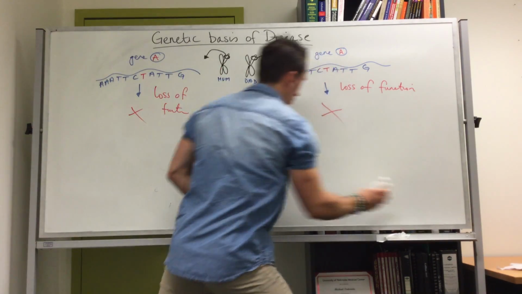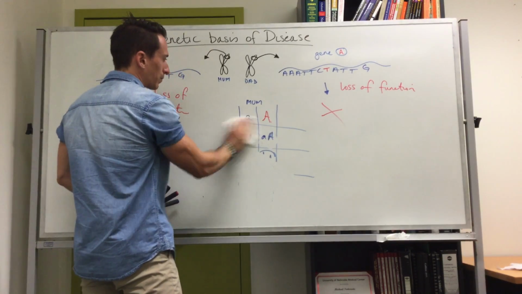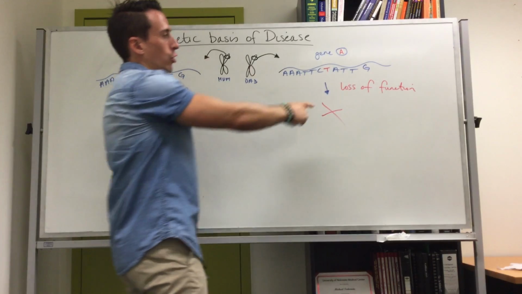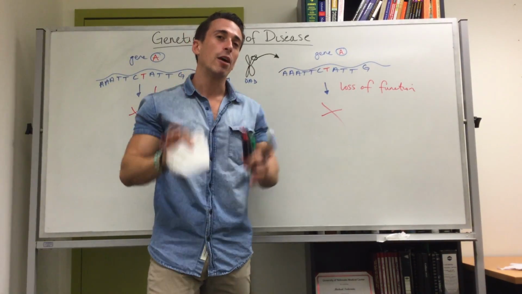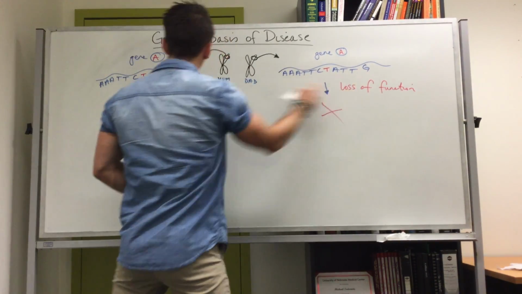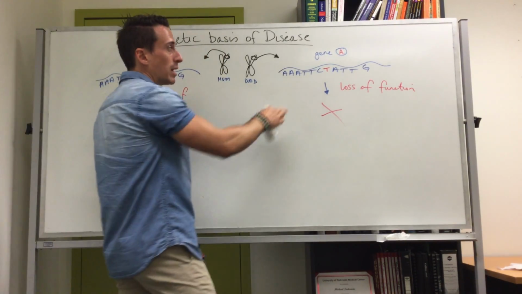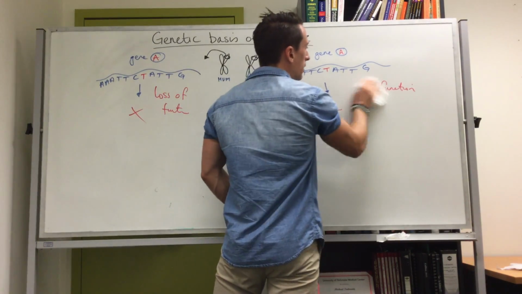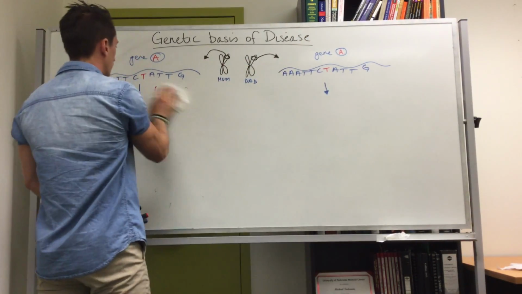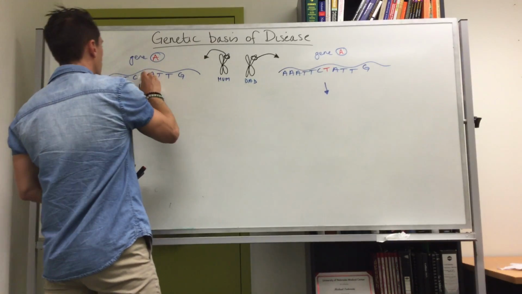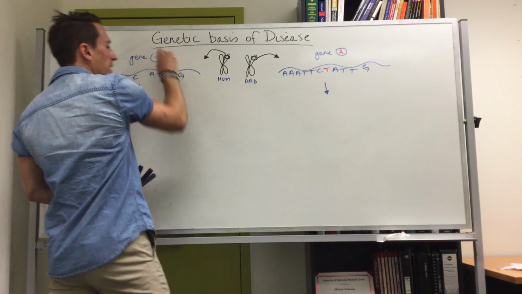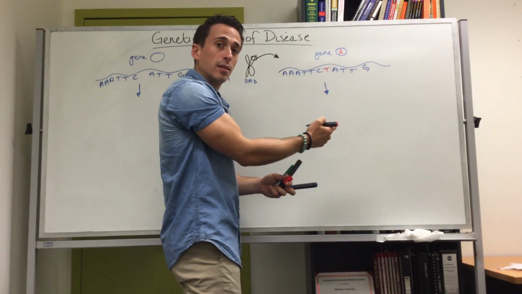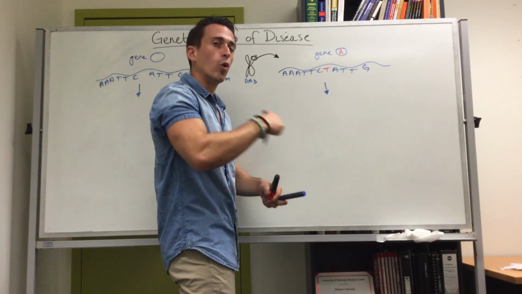Now, not all autosomal diseases are inherited recessively. For example, autosomal recessive inheritance patterns occur when it's a loss of function change, meaning that this change results in a protein that doesn't work anymore. But what you'll find is some changes actually exacerbate the protein or make it work differently.